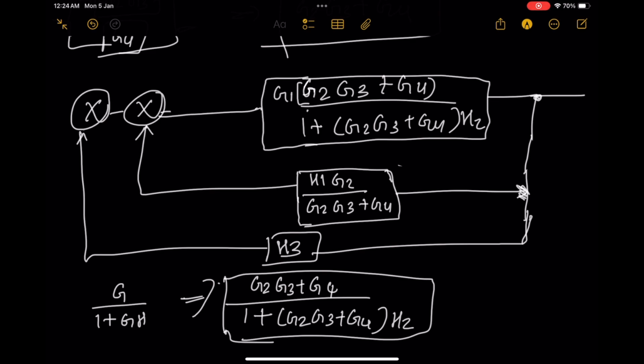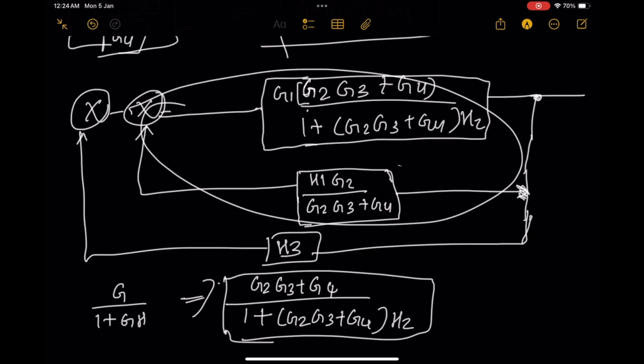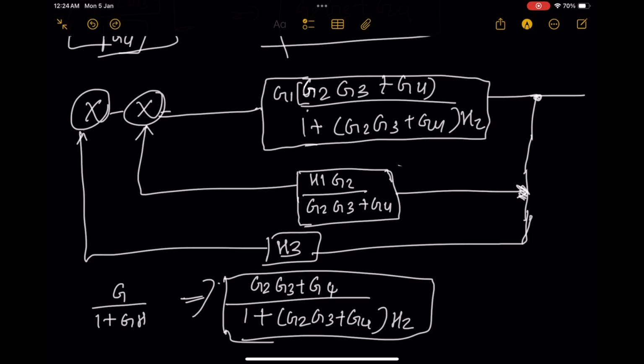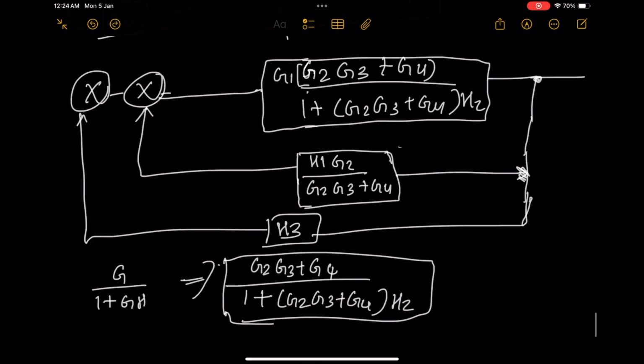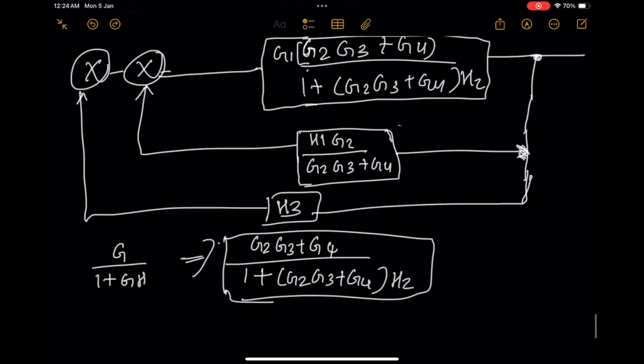Now we have come down to our second last stage, that is we are going to solve the second inner loop. In order to do that, I'll use the exact same equation I used earlier, that is G by 1 plus GH. I'm going to take G as this term and H as this term.